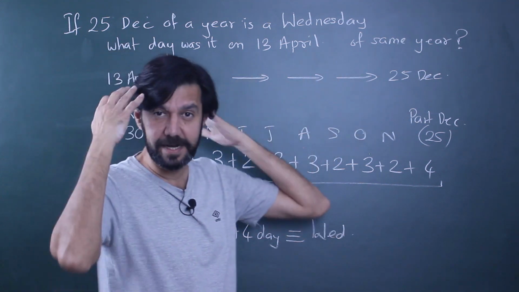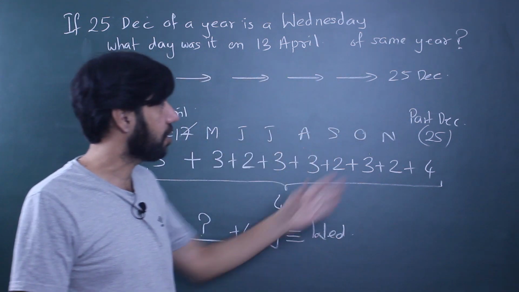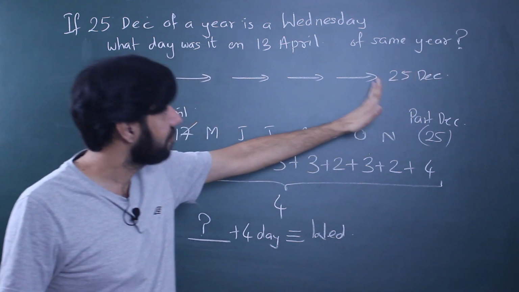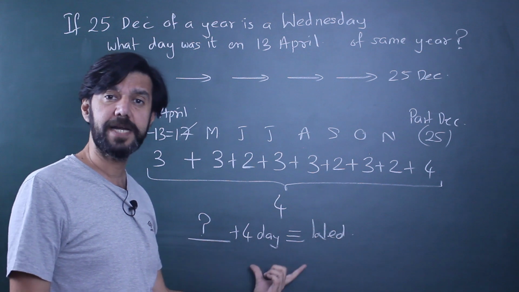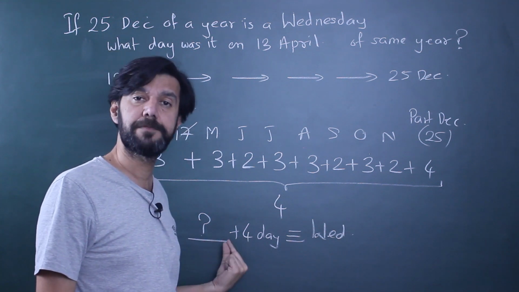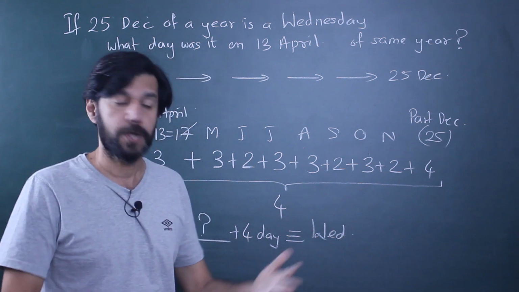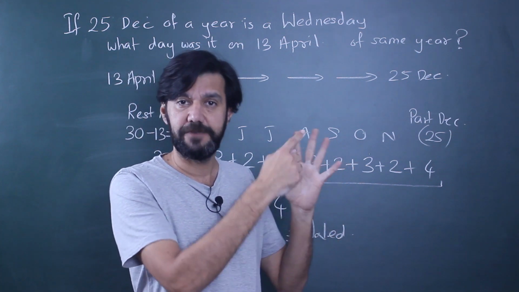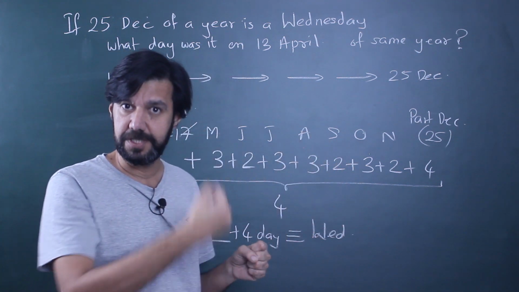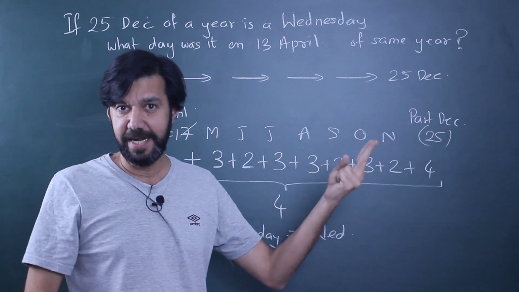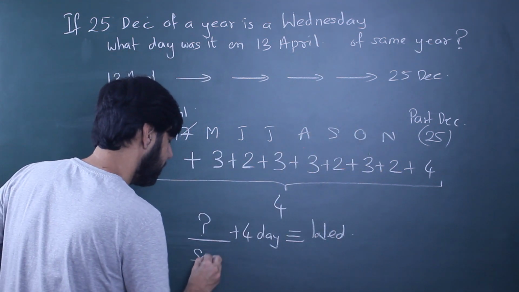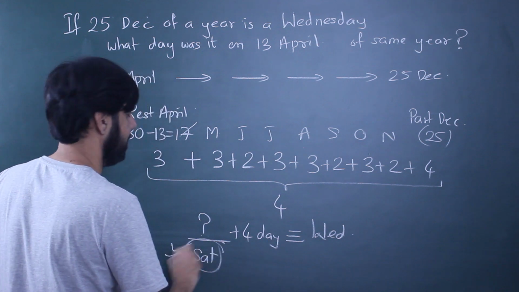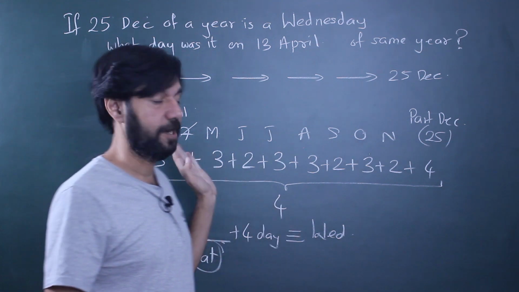So rather than torture myself going backwards from December, November, October, September, I just do it at the last stage. Just go 4 days backwards from Wednesday, and I'll do it on my fingertips. Wednesday is given, Tuesday, Monday, Sunday, Saturday. So this unknown day has to be a Saturday. Saturday is my answer here. Hope you got this, right?